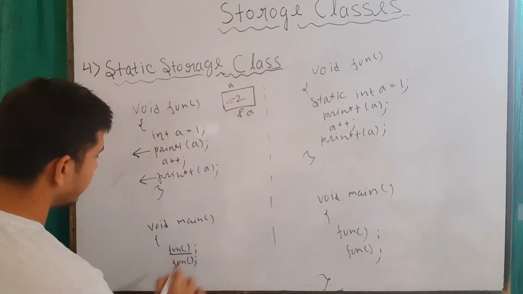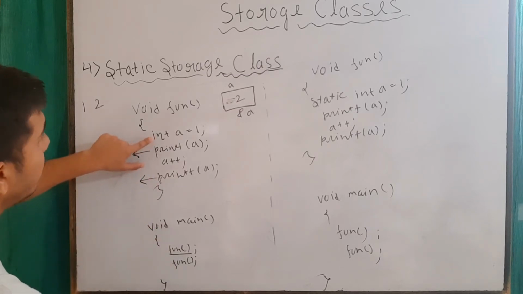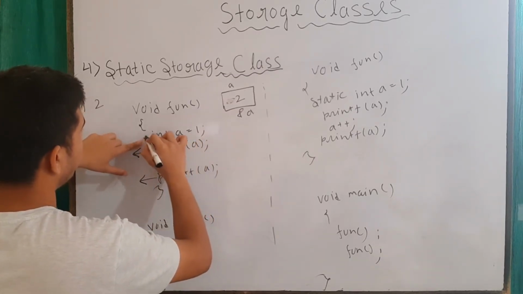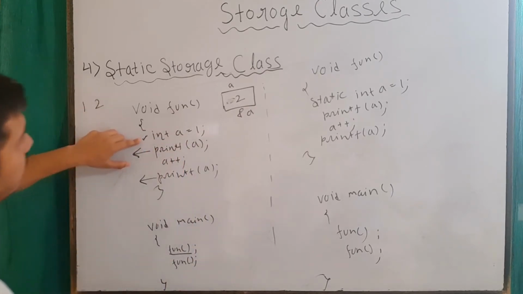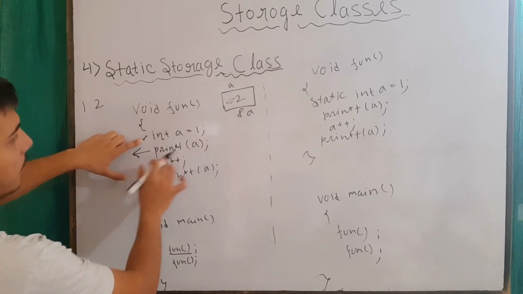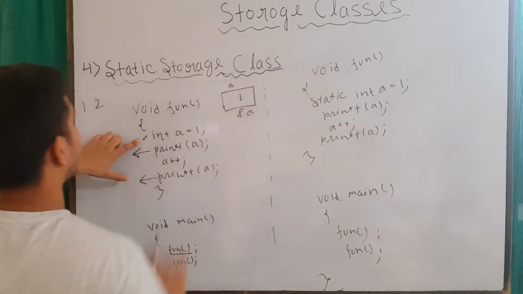This is completed. Now it will again call the function, and it will again reinitialize, or redefine. So this is the main point: it is reinitializing or redefining the variable. Now it will again change it to 1.